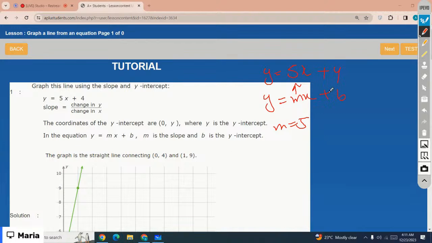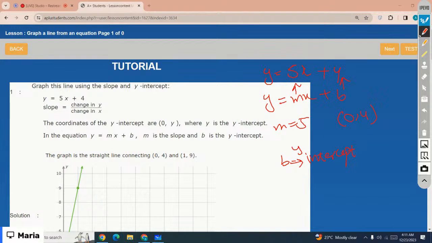Got it? And b is the y-intercept, right? You can note down these very important things. b is the y-intercept. Y-intercept means the point where the graph is touching the y-axis, right? So that would be x is 0 and y is 4 because the graph is touching the y-axis.